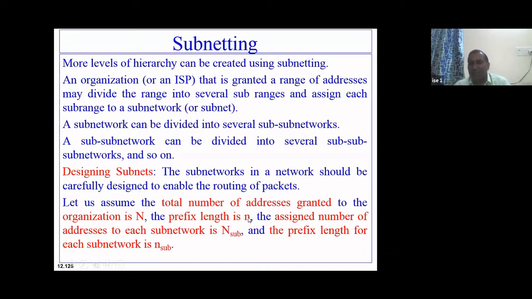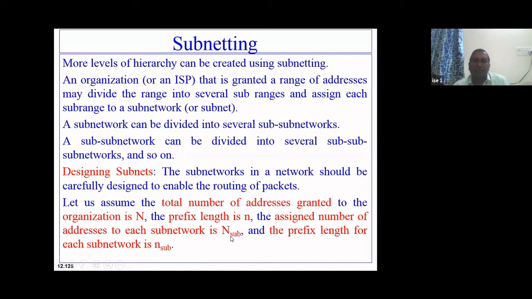And the assigned number of addresses to each subnetwork is capital N sub. So out of the total, the organization has been allocated N network addresses, and out of that we assign a number of addresses to each subnetwork.